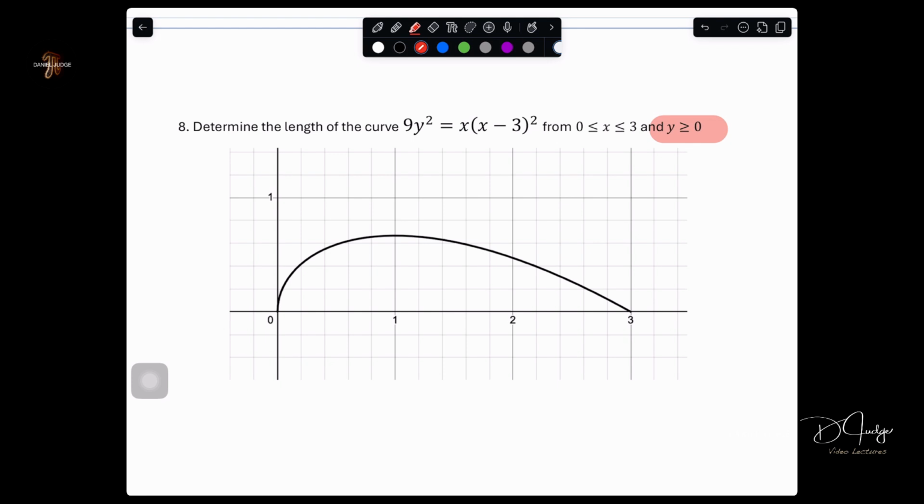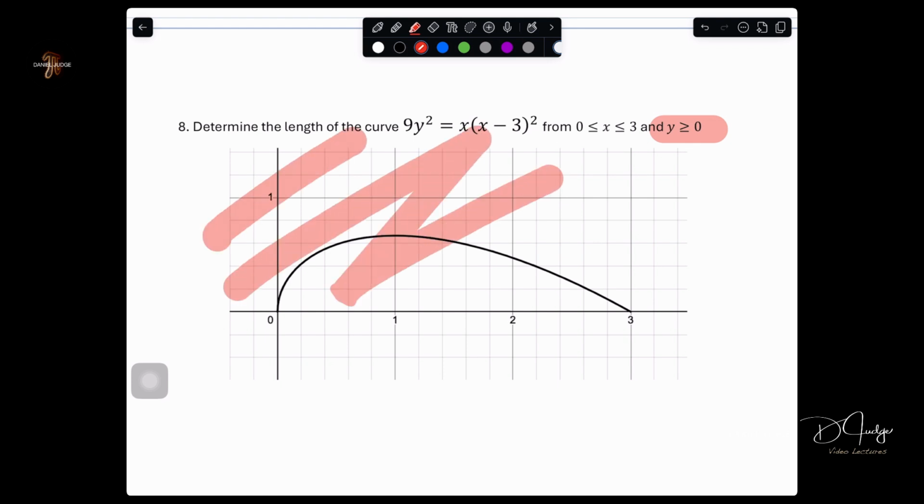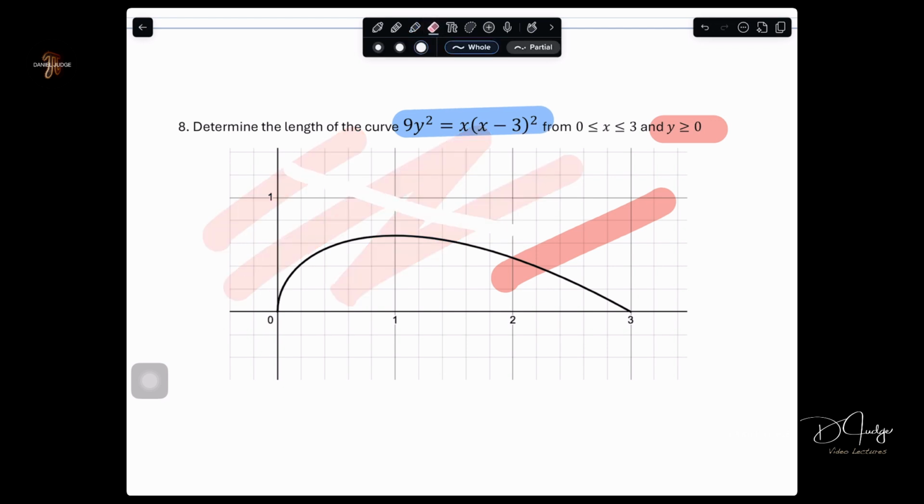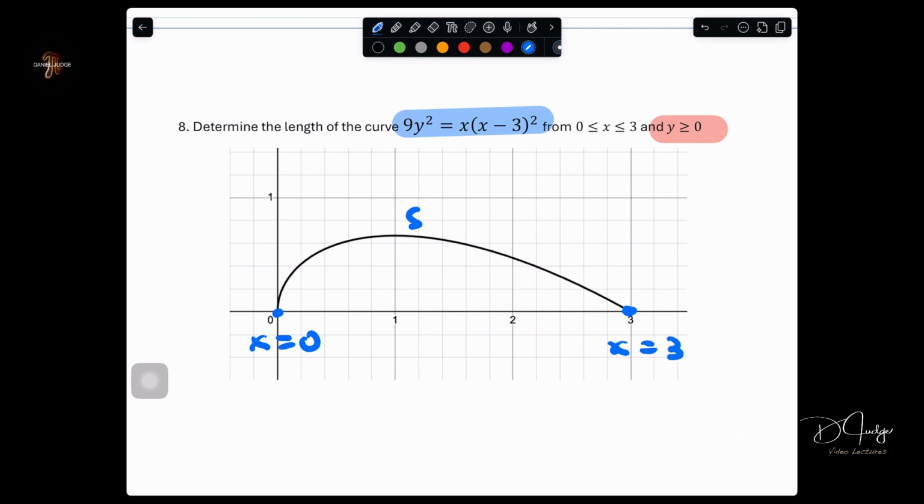What that really means is they're talking about being above the x-axis, this particular curve that they described here. And the values of x are between 0 and 3 here. They want us to find that distance starting from x equals 0 at this location to this point where x equals 3. We're going to find that arc length.